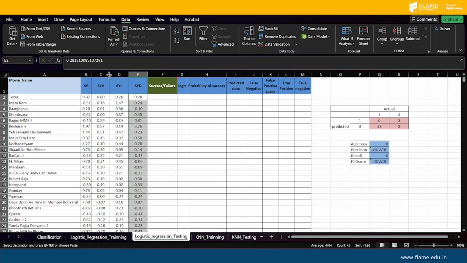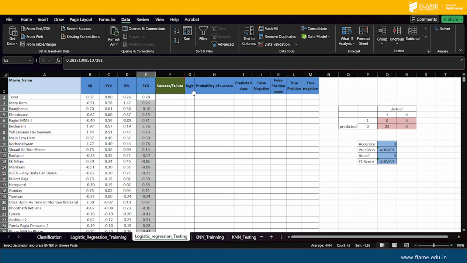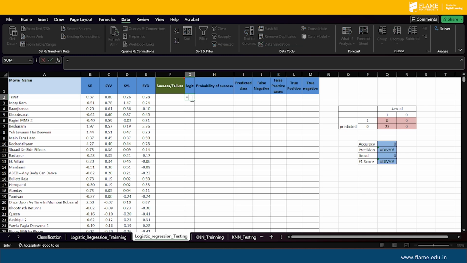So right now no need of this success and failure. Still after prediction only we need this to compare how much accurately we have predicted. So again what we will do, we will calculate the logit. Now here we will calculate logit based on the observed or obtained coefficient values.